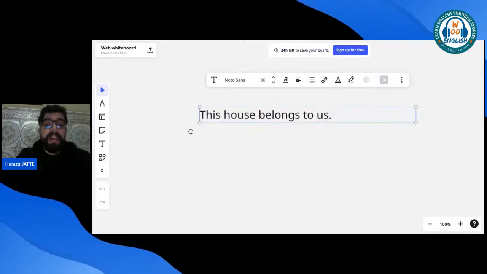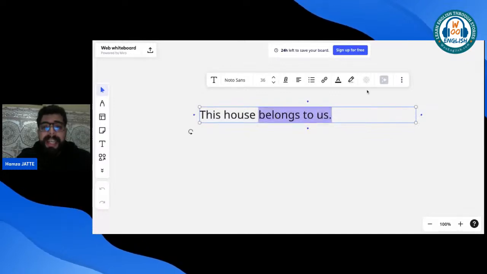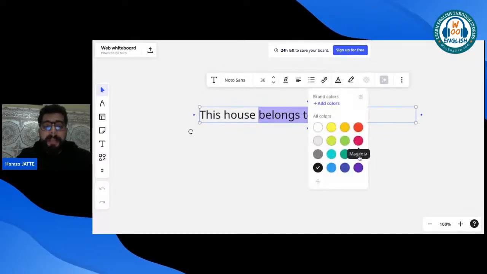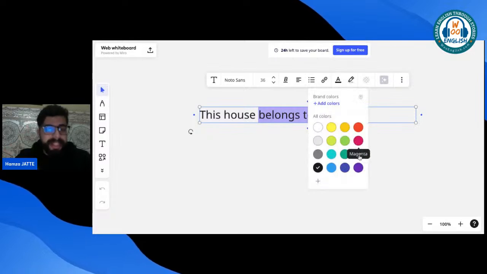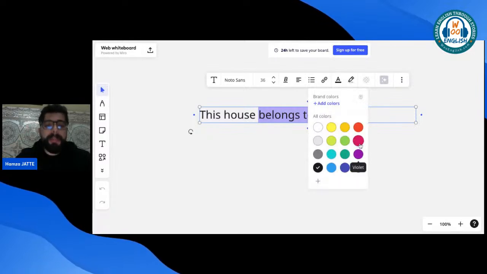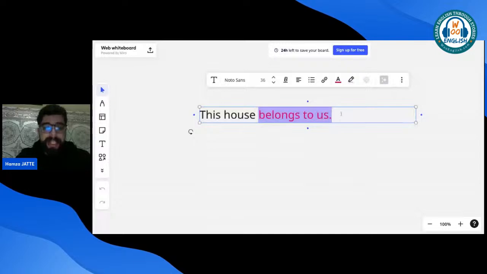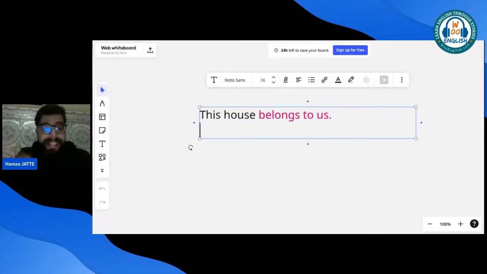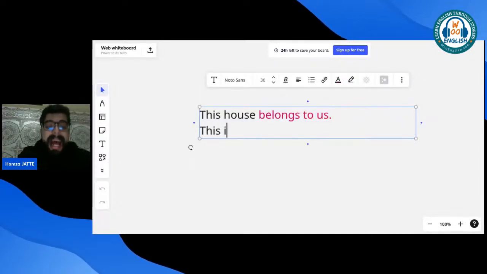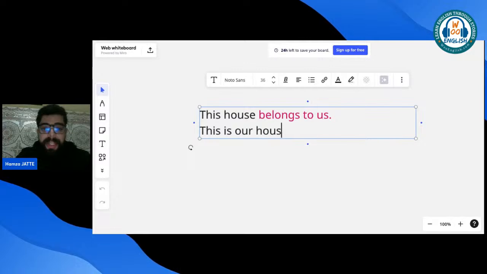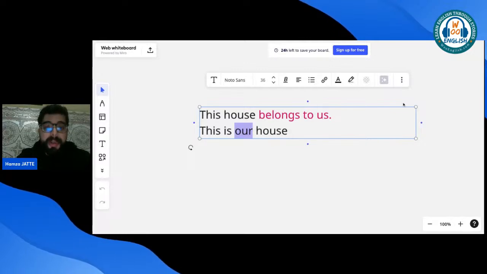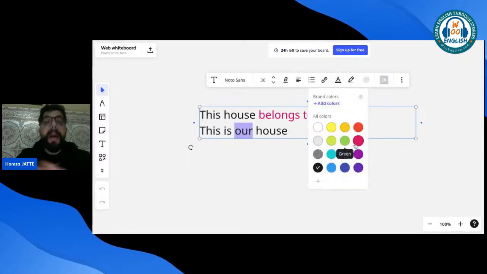This house belongs to us. So if we want to substitute or replace this expression, belongs to us, with a pronoun, we can say this is our house. So you can see that we used our here to replace the fact that this house belongs to us.